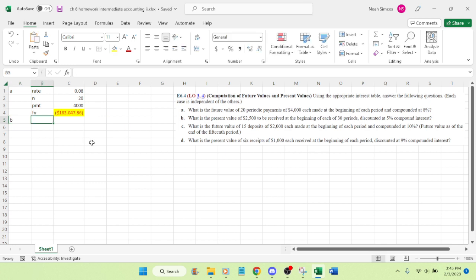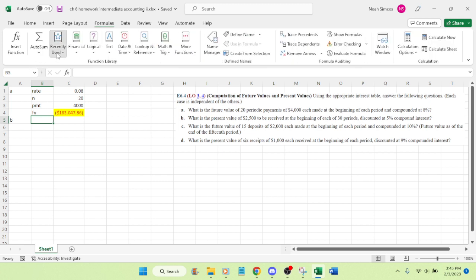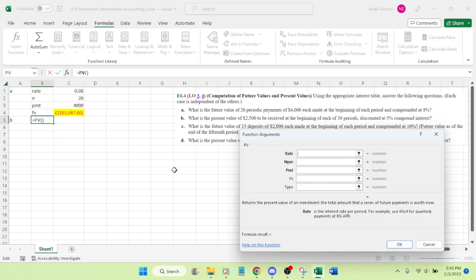This one we want the present value. So let's look at the formula for present value to see what order we want the stuff to be in. Present value, rate.